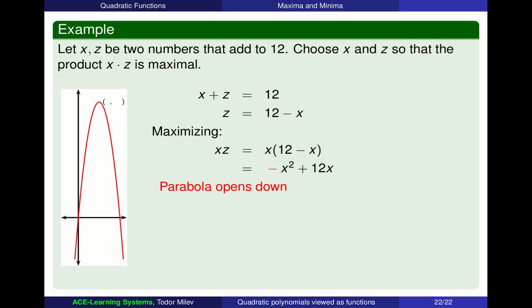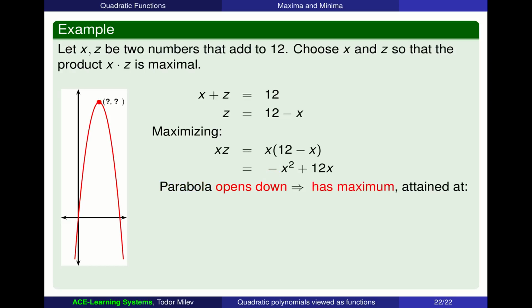I want to point out that when we uncovered the parentheses, if the parabola was opening upwards, then it wouldn't have a maximal point, in which case the problem would be incorrectly posed, because we wouldn't be able to choose x and z so that we get a maximal value for x times z. But because the problem was formulated the way it is, we got a parabola with a negative leading coefficient, hence we know that it has a highest point.